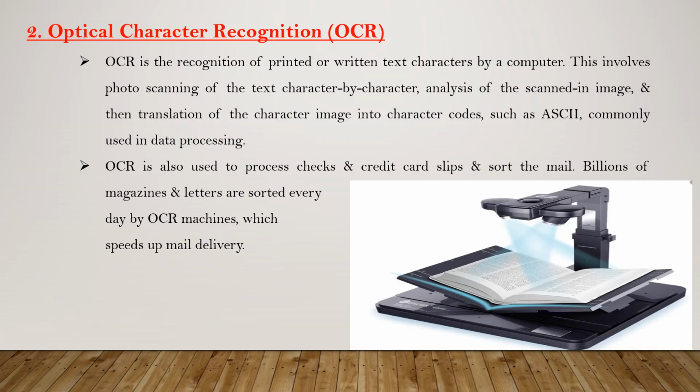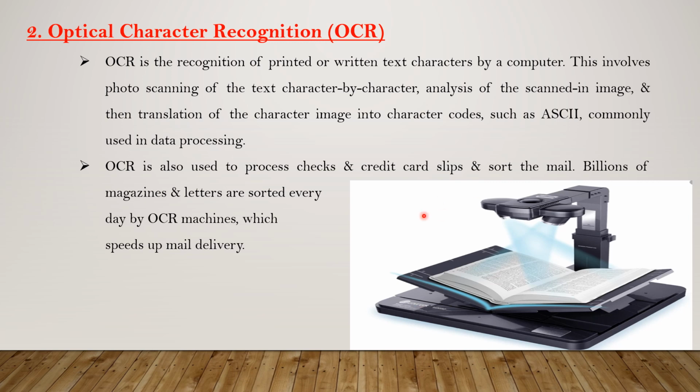Second is OCR, that is optical character recognition. OCR is the recognition of printed or written text characters by a computer. So it involves what? Photo scanning. See this diagram. It is scanning the book character by character.